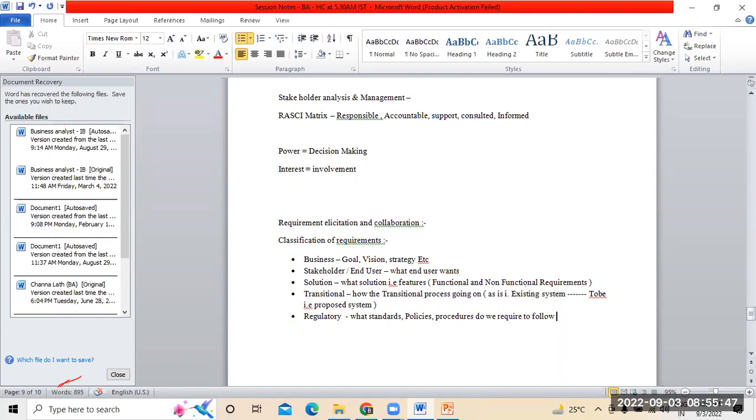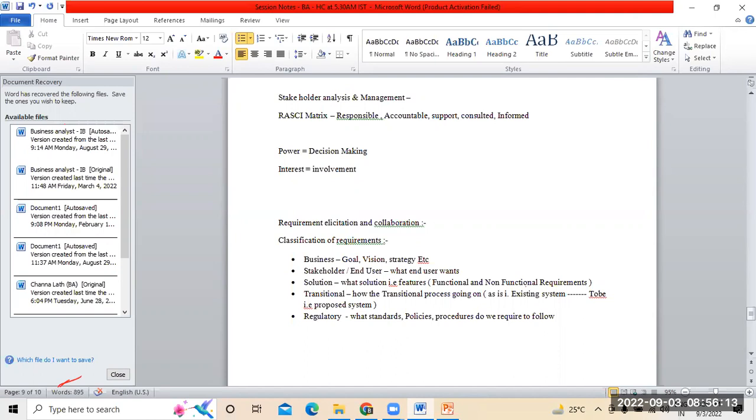Stakeholder or end user requirements means what exactly the end user wants, the second category. Third is the solution requirements: what different features do we require, and what functional and non-functional requirements we want to develop. At the same time, we must know about the transitional requirements here.